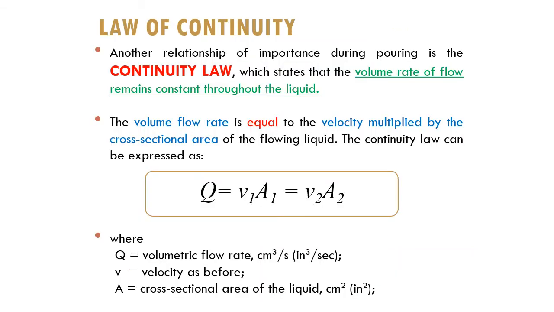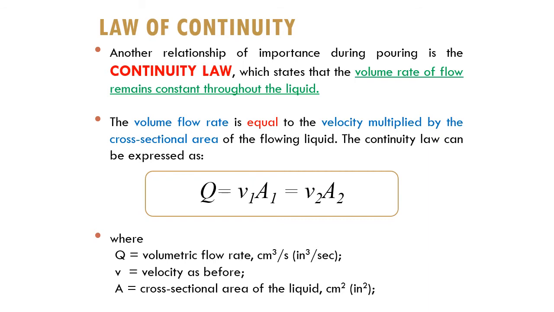Another relationship that we see in the pouring of molten metal is the law of continuity. The continuity law states that the volume rate of flow remains constant throughout the liquid. So if Q is the volume flow rate, then at point 1 and point 2 the volume flow rate is equal.